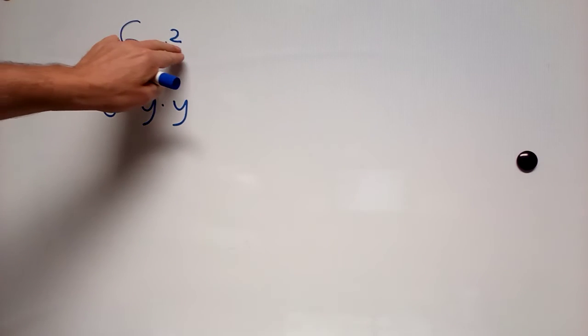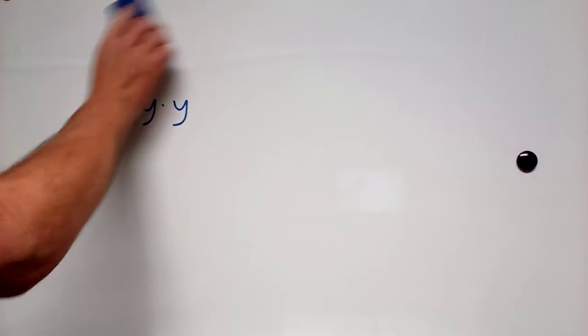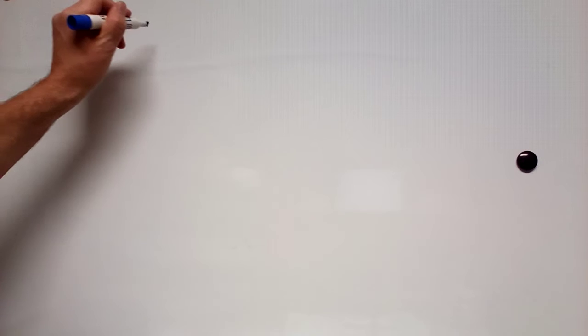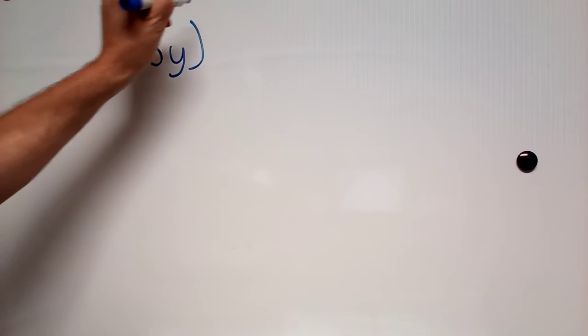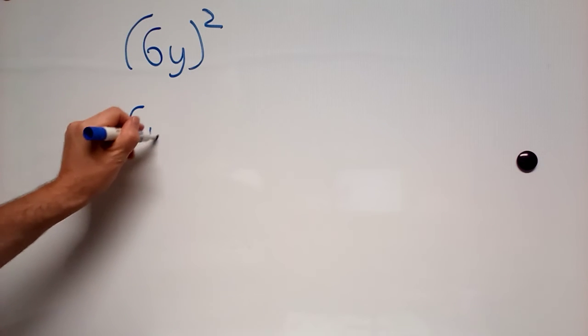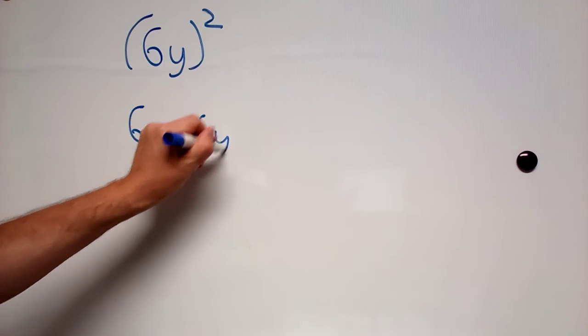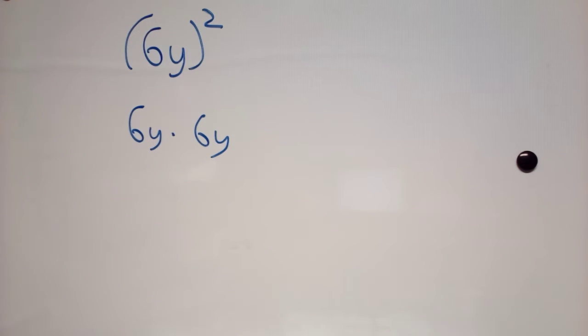The 2 only goes to the y. Now, if this was in parentheses, like this, (6y) with a squared out there, then that would be the same as 6y times 6y, because that square would go for everything inside of the parentheses.